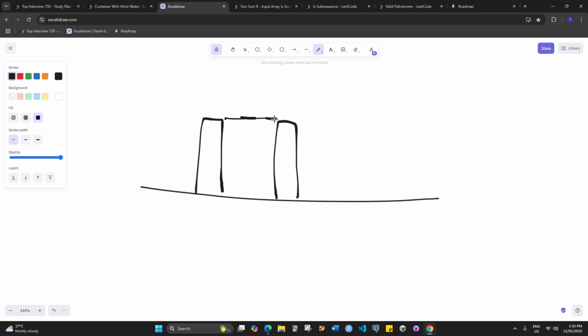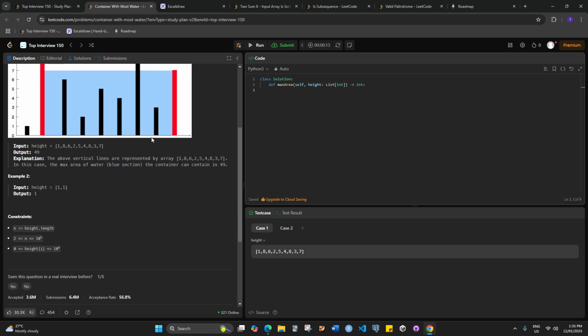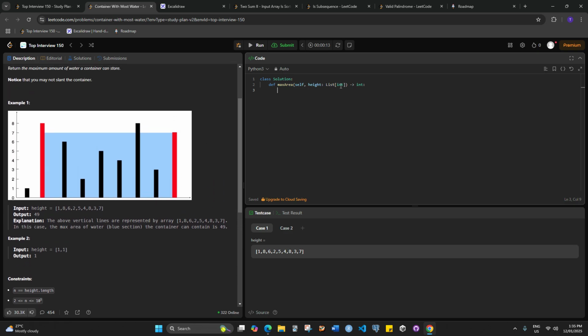The most water you can store inside is just 1. Okay, so this is definitely what you have to return.